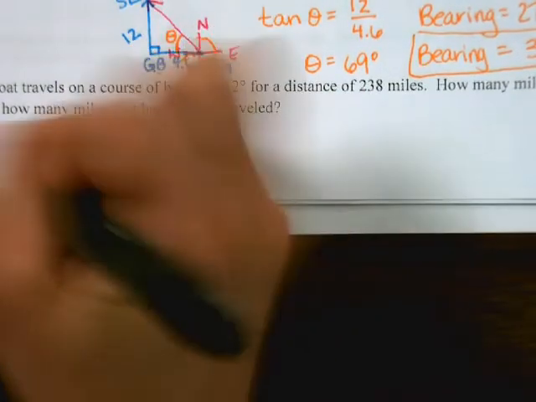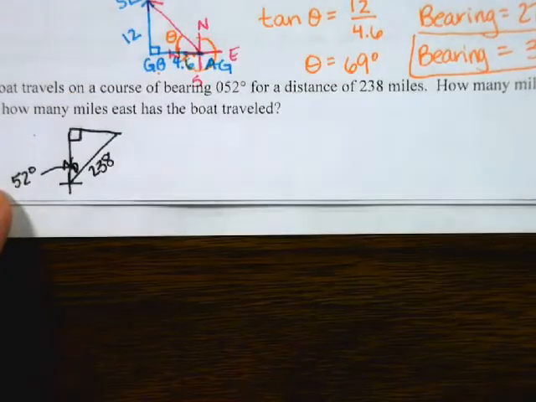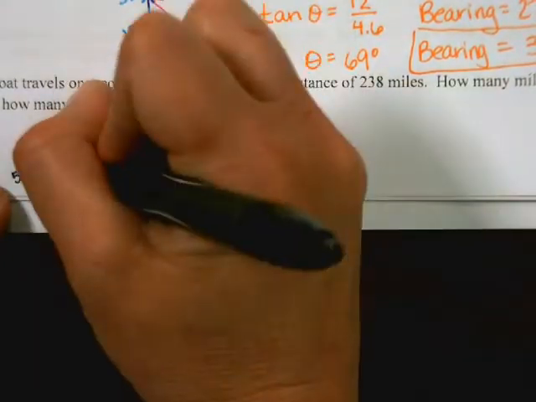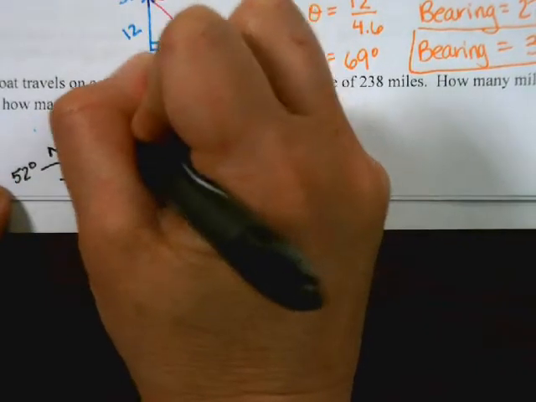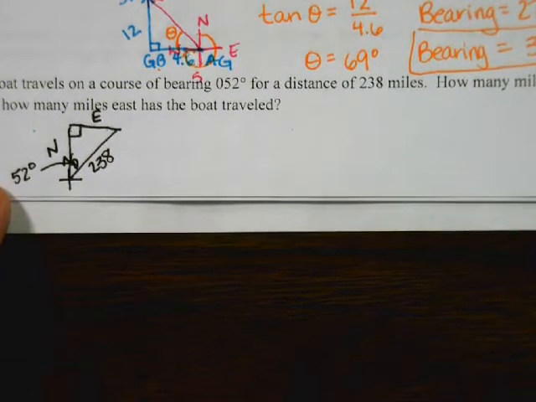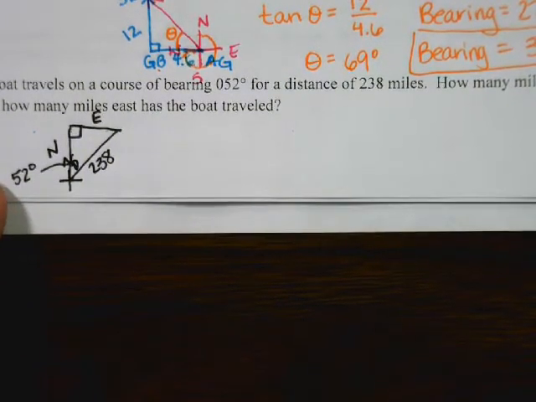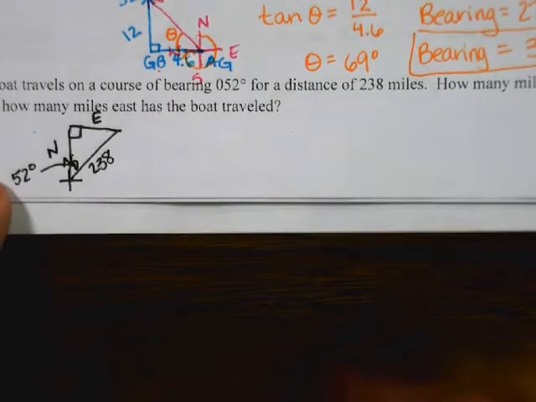That guy right there is 52 degrees. North and east make right angles. So how far north and how far east have I traveled? He went northeast, but if I were to go get him by a straight line, if I had to go north first and then east, how would I get to him? Does that make sense?